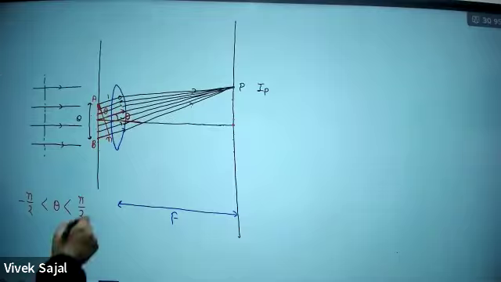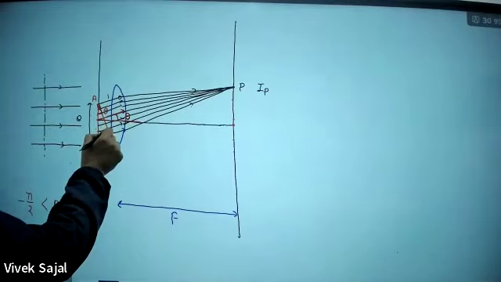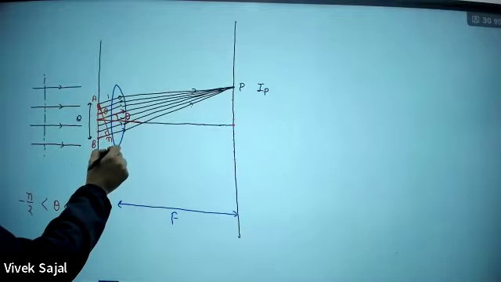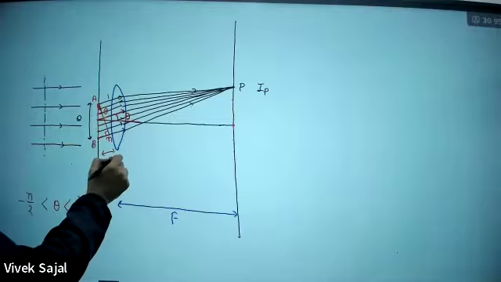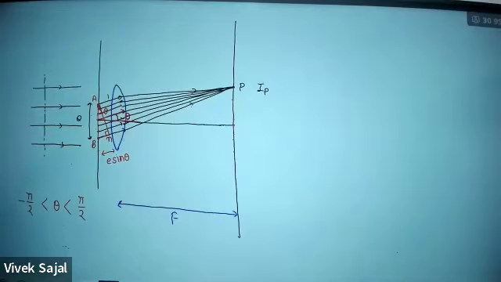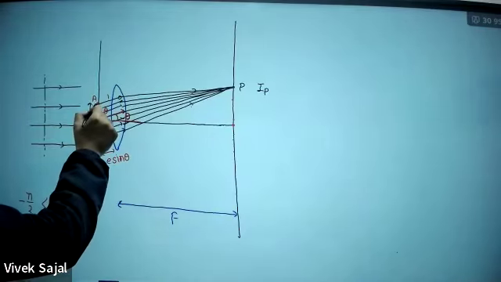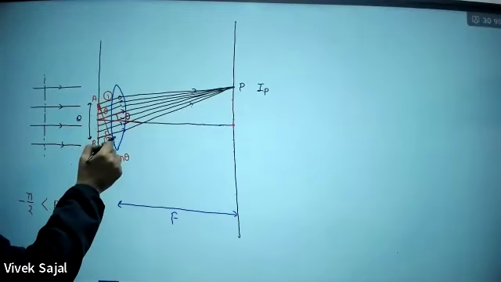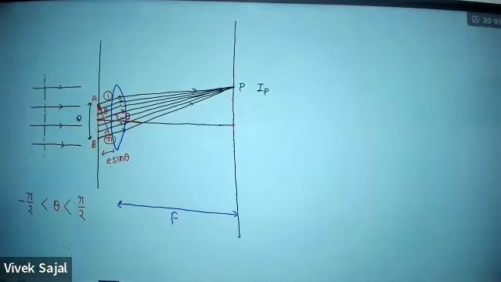This angle is 90, so this is the hypotenuse. This will be e sine theta. So the path difference between these extreme rays, ray number 1 and ray number n, is e sine theta.